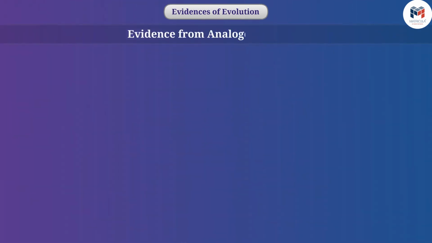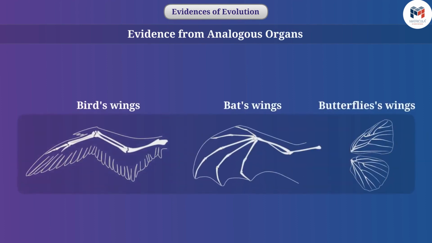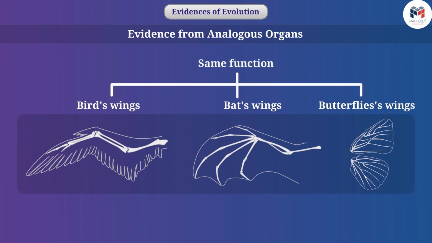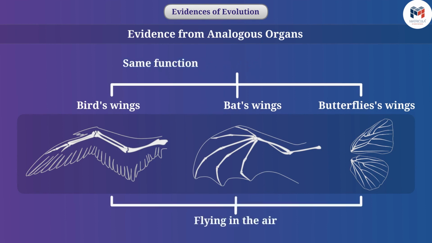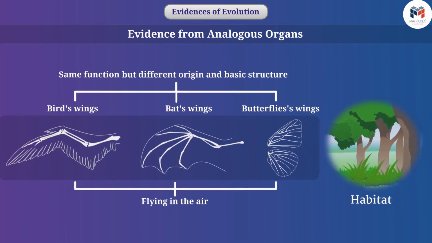Evidence from analogous organs. In birds, bats and butterflies, wings have the same function, that is, flying in the air, but their origin and basic structure are different. When different groups of organisms have the same habitat, then they develop similar structures in appearance and action, which gives them the survival advantage.